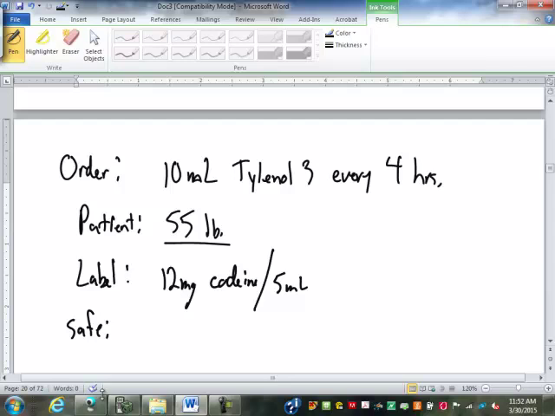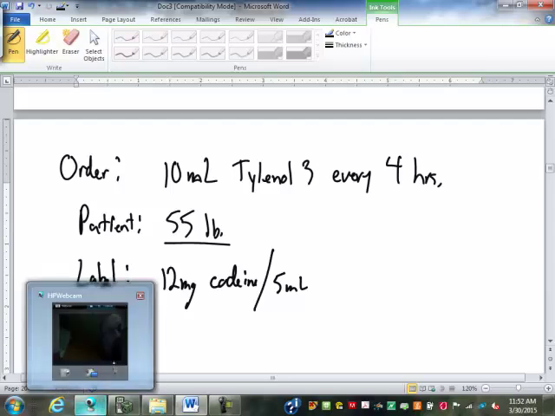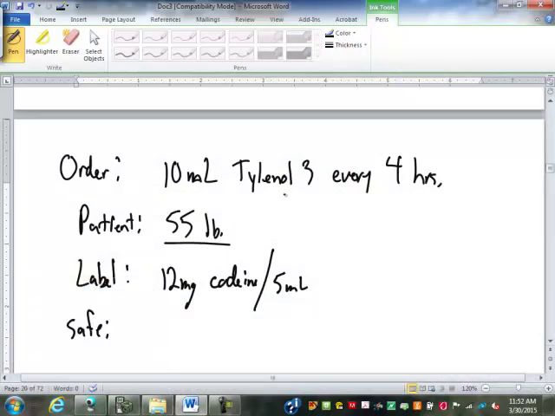You look up and you find that the safe recommended dosage, now the active ingredient here that we're looking at would be codeine, is 1 milligram per kilogram every 6 hours.